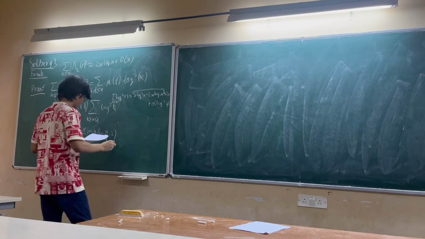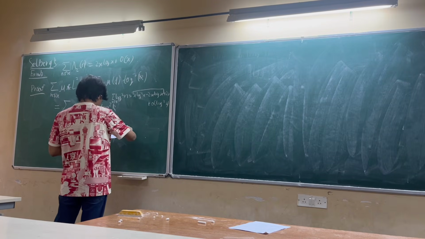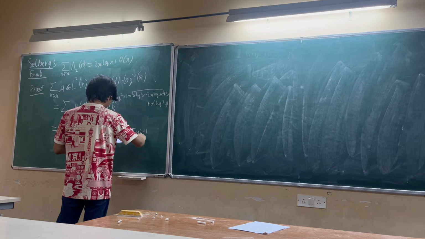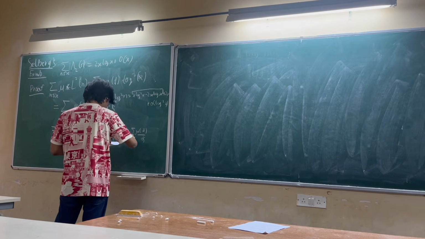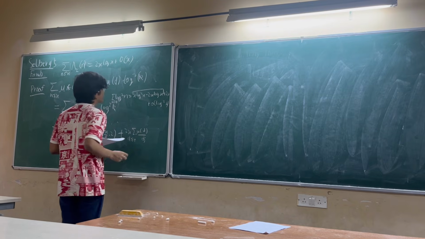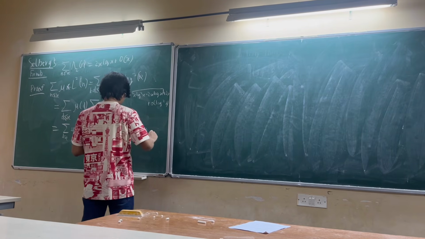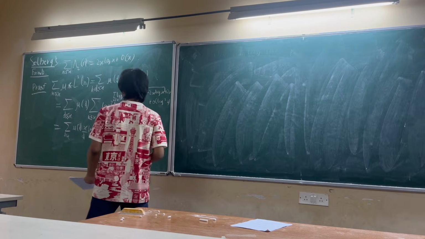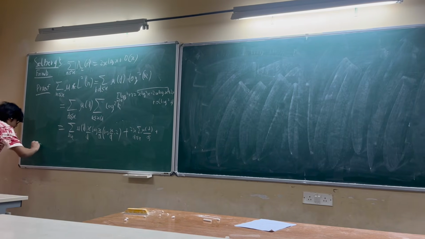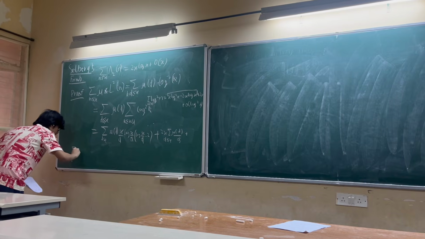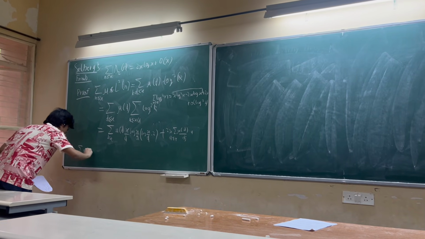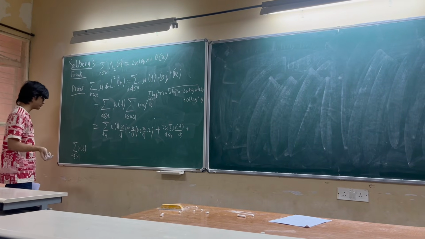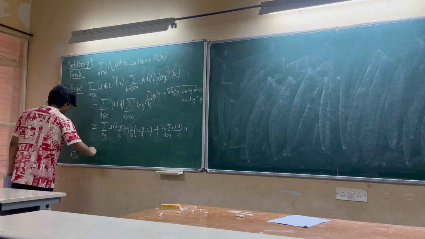The second term would be 2x times the summation of mu d by d, d less than or equal to x, and the last term would be simply the remainder term. We remember that whenever you have this mu d, mu can have the value of -1, +1 or 0. So this function is of the order of x, right?